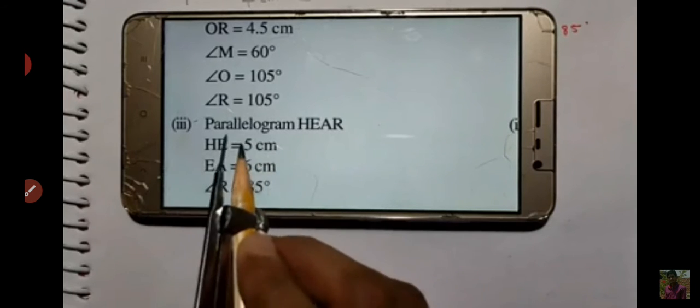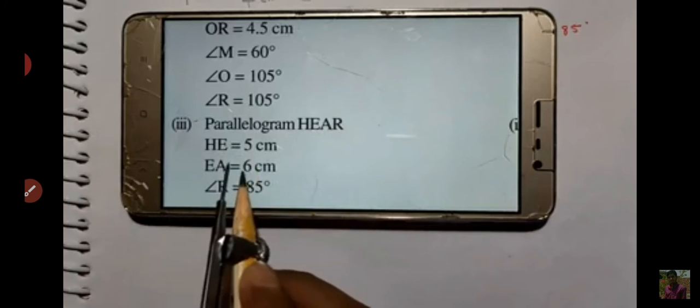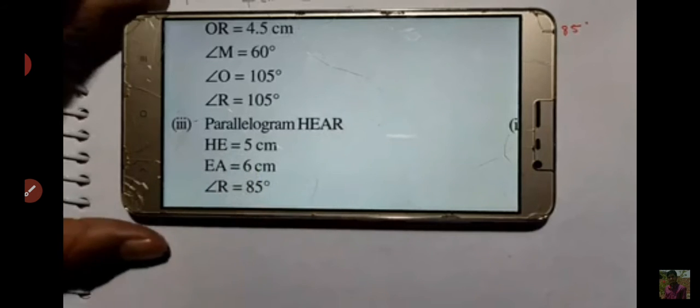And now next is parallelogram HEAR. HE is equal to 5 centimeter, EA is equal to 6 centimeter, and angle R is equal to 85 degree. Okay. Here the parallelogram is HEAR. Only one angle is given, that is angle R. Angle R is 85 degree.